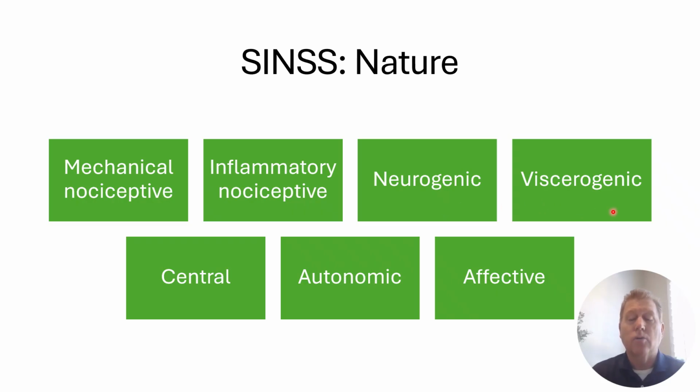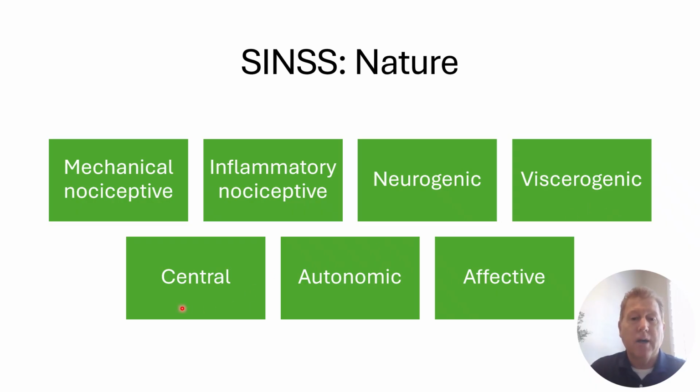Our next category would be viscerogenic. I think that's fairly self-explanatory, where we would have maybe the lungs or one of our other internal organs producing pain that is mimicking or masquerading as musculoskeletal.